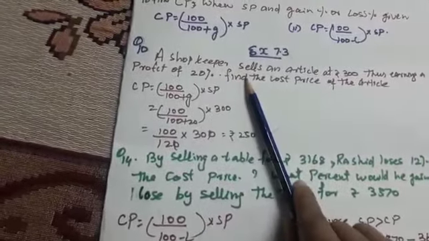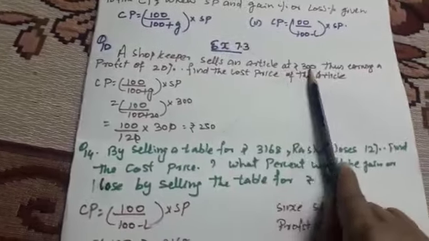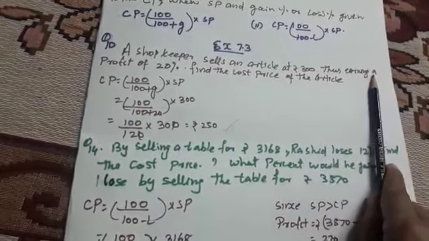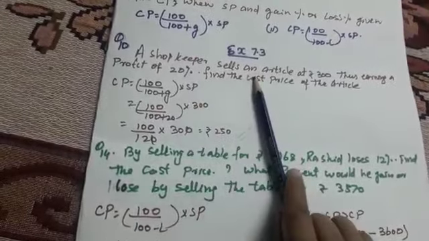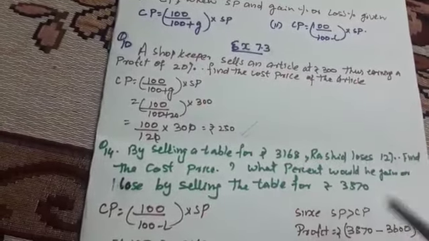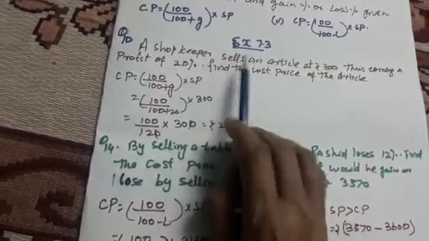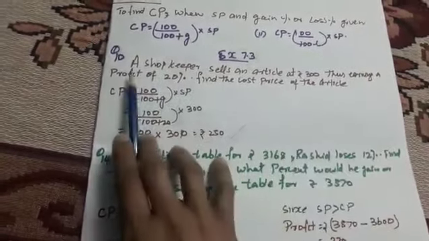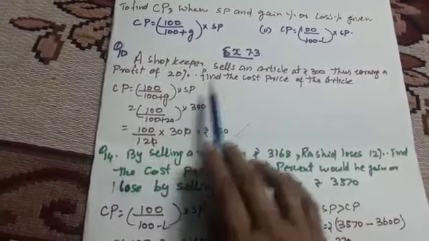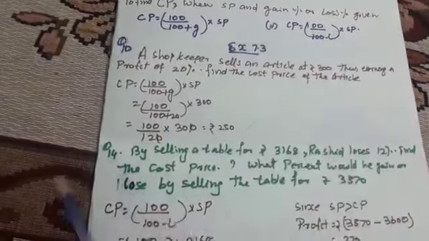A shopkeeper sells an article at rupees 300, thus earning a profit of 20%. Find the cost price of the article.